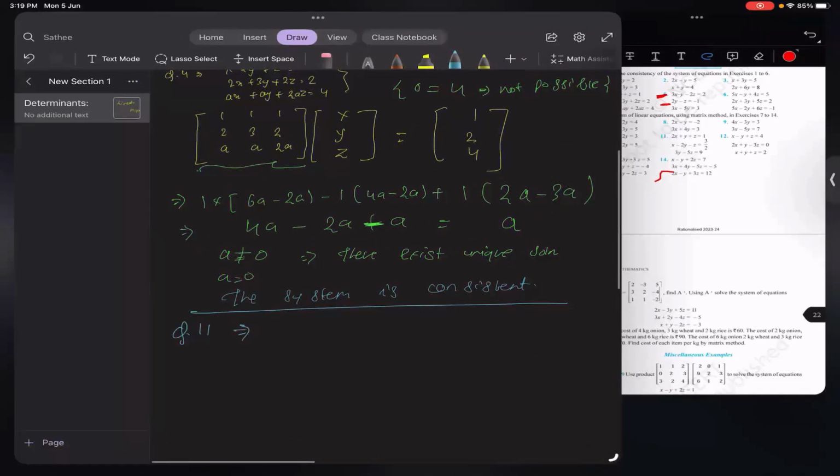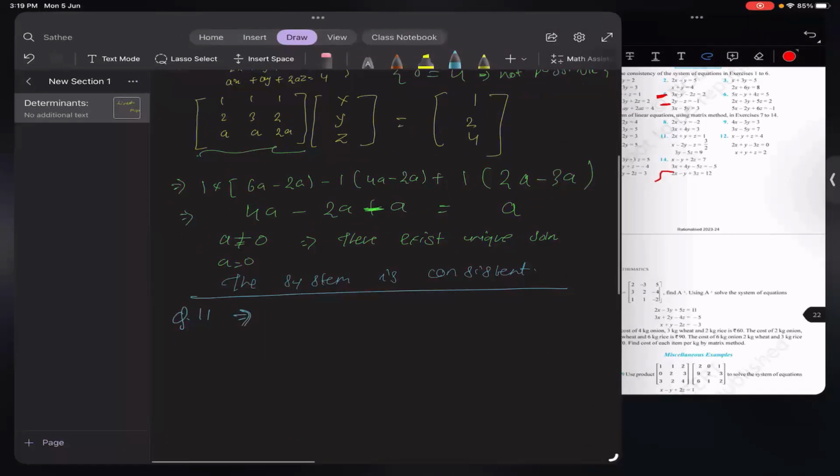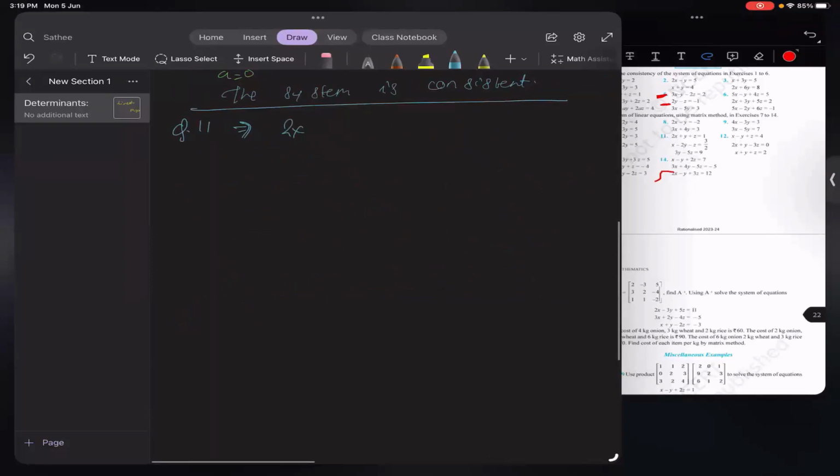So we are given again the system of equations. This is 2x minus y equal to minus 2, and 3x plus 4y is equal to... So this is not question number 11 actually.